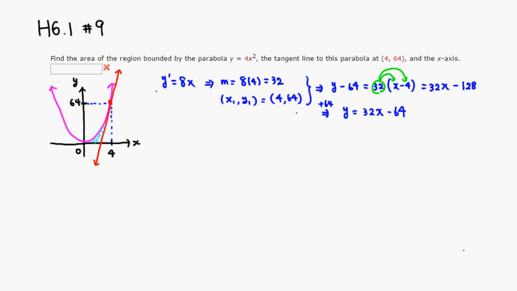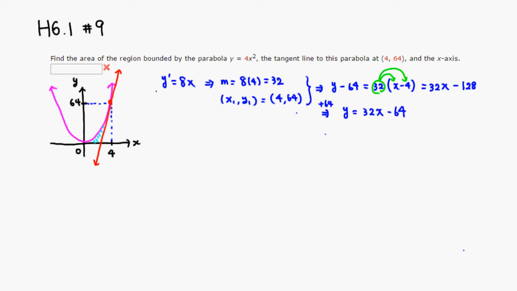So we got that. We should probably do it with respect to y in this case, since if you do it with respect to x, you would have to do two separate regions. So first we have to rewrite in terms of x.